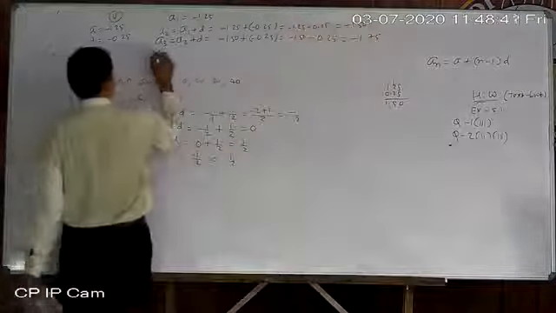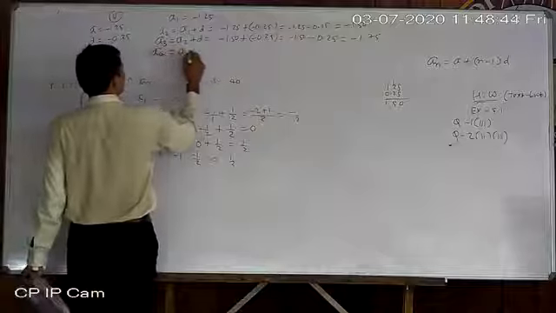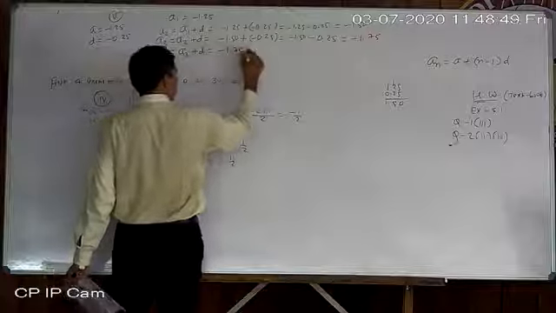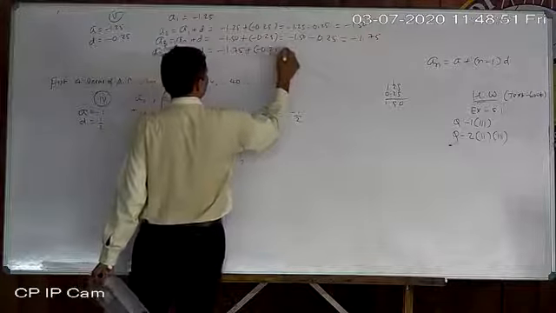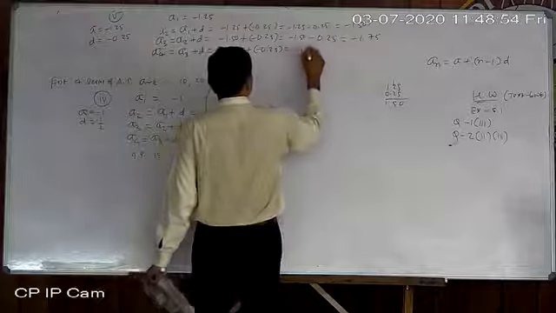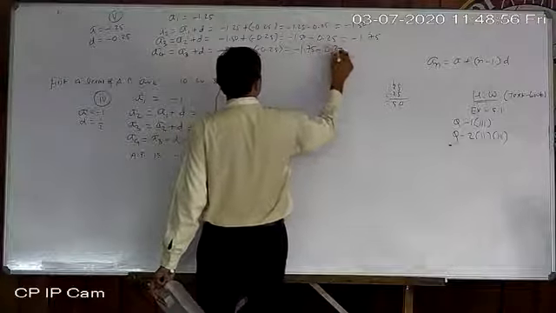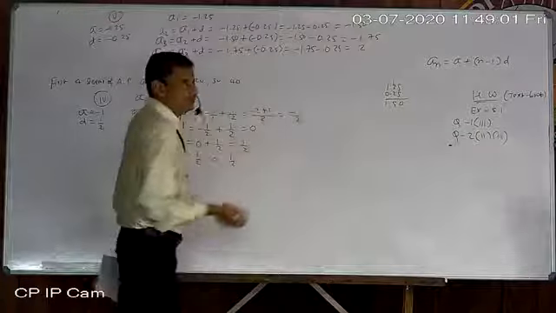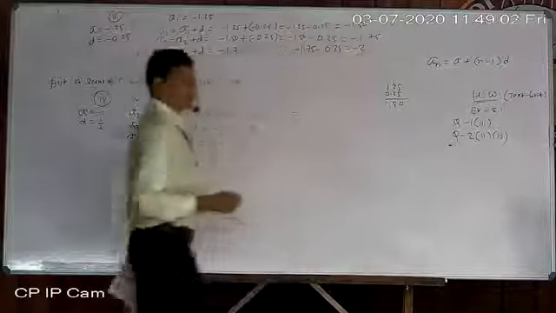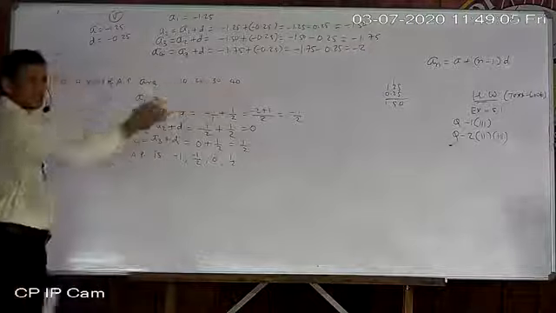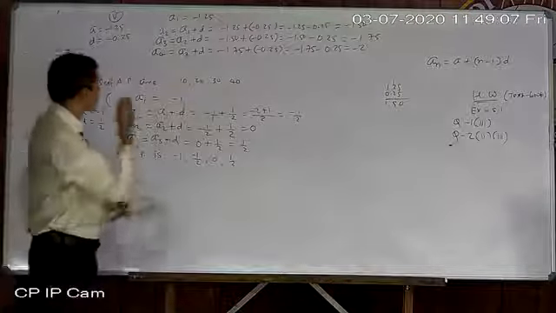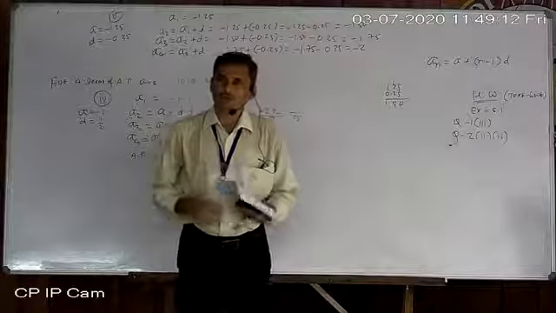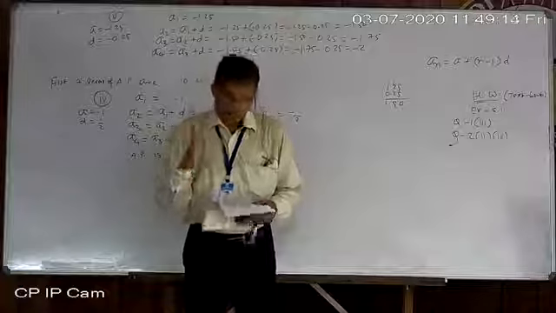Now A4 equals A3 plus D: minus 1.75 plus minus 0.25 equals minus 1.75 minus 0.25, which equals minus 2 only, or 2.00. You can write only 2 also. Just try it and you can add it. So this is very basic. Manually only we have to find the initial 4 terms.